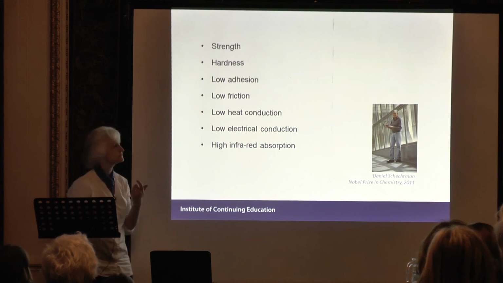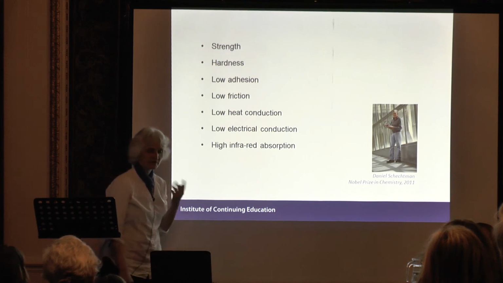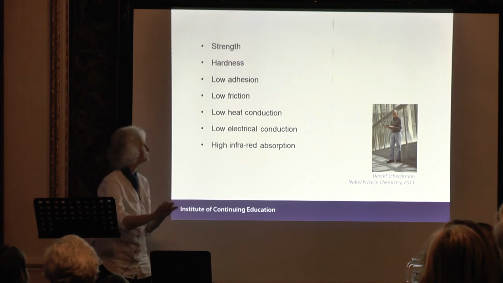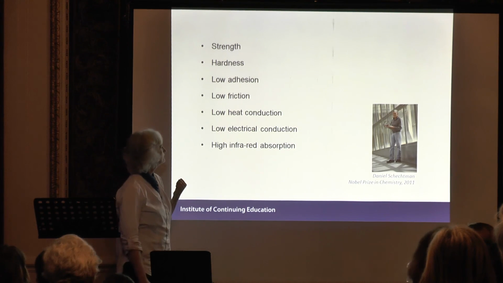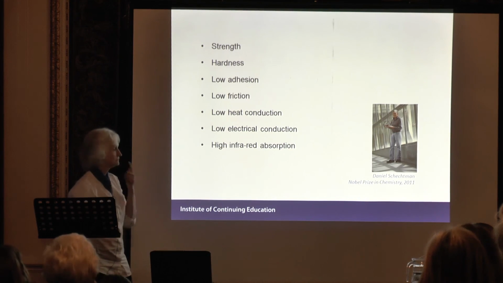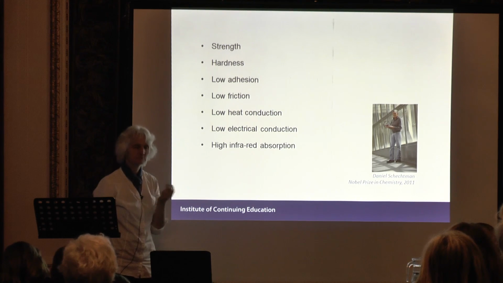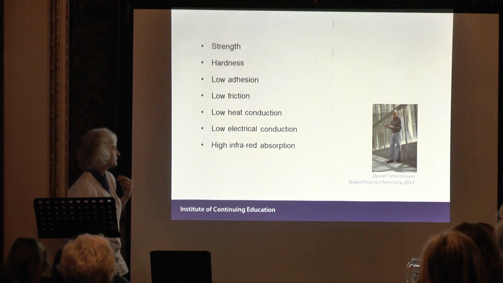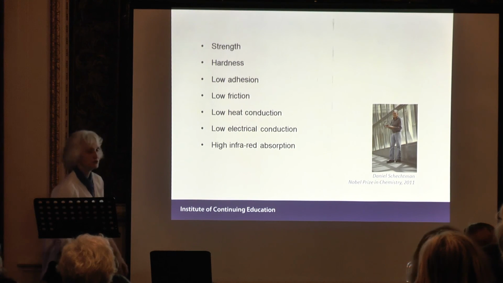Organic things don't stick to them very well. They're very low friction, very slidey. They don't conduct heat well, and they don't conduct electrical currents well, and they absorb infrared quite respectably well. And all of those things are very strange things for metals to do. It's not at all normal.